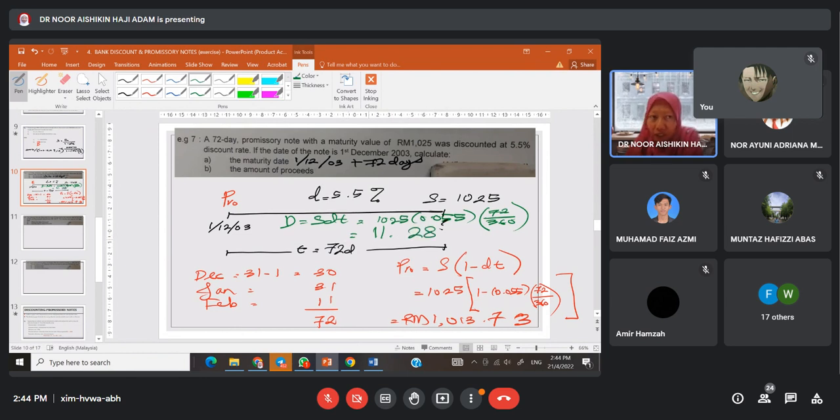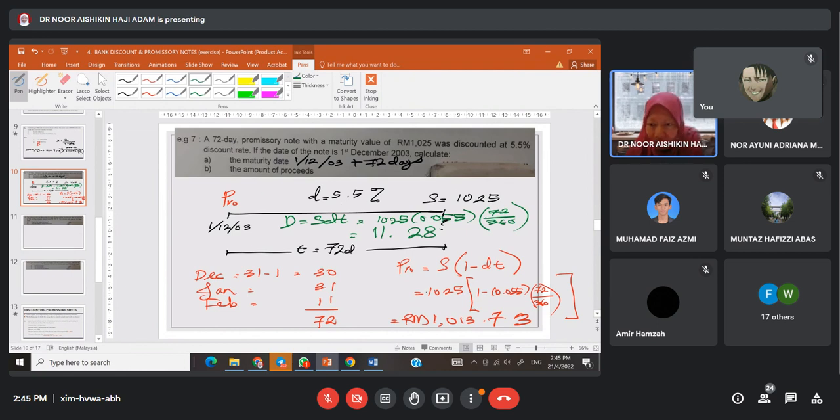You tulis sebab you bagi jawapan ringgit and sen. So you need to correct to 2 decimal places. 11.28. But in your calculation, you need to use 11.275.